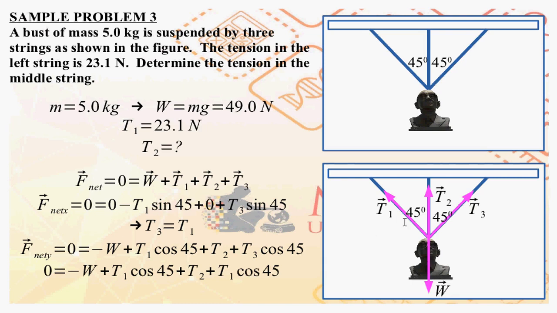T1 is diagonal, 45 degrees. The X component is in the negative direction, opposite the 45 degrees. So, negative direction, negative T1 sine 45 degrees. So again, use your SOHCAHTOA to divide the vectors into components.